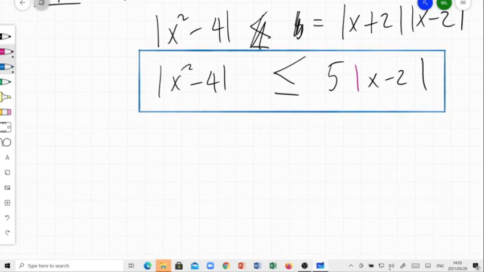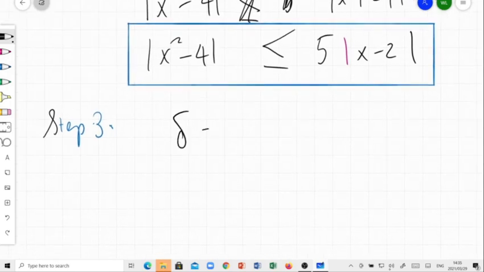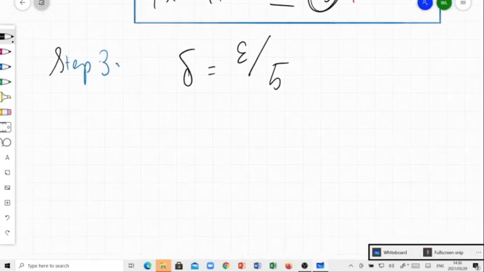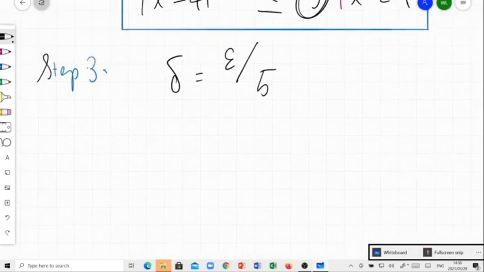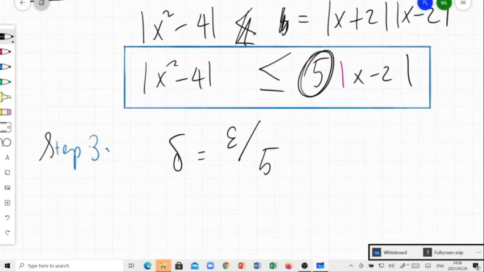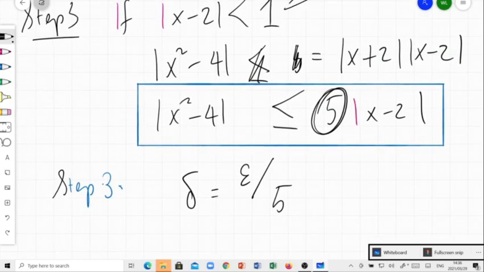And so my final step should therefore be as follows. Let's call it step 3. I just take my delta and say it must be epsilon over this guy, my m, which is 5. Now we are almost there. Remember that this 5 resulted from our assumption that I'm only considering x's within distance 1 of 2.